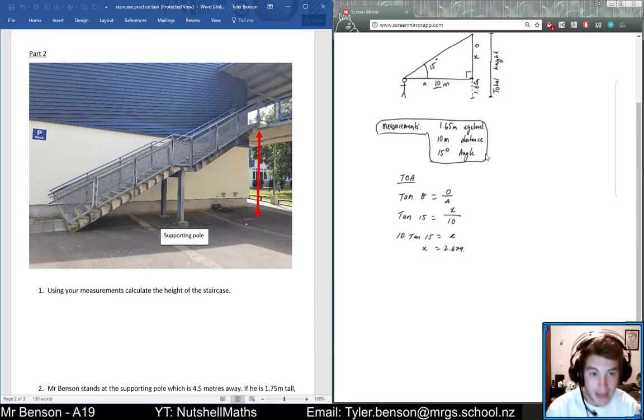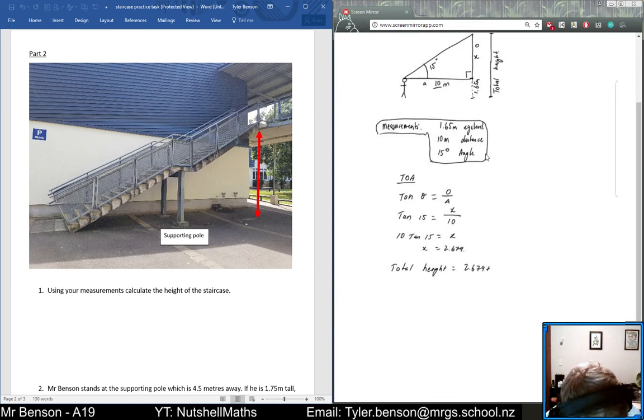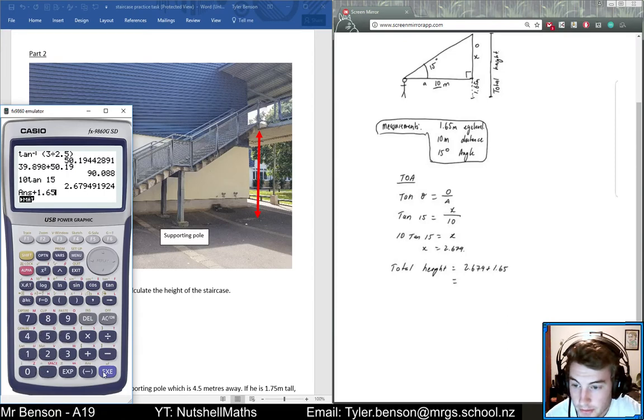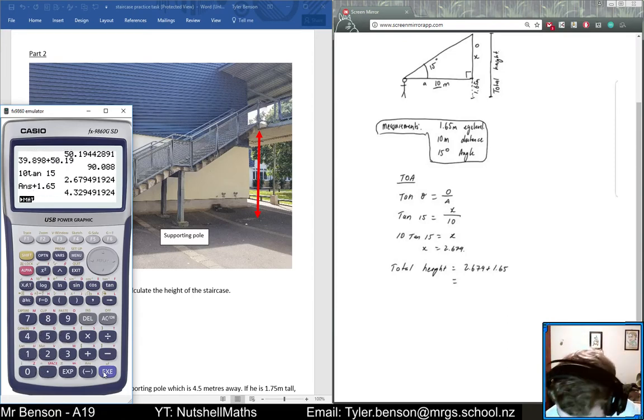So I'm going to write here, total height is going to be 2.679 plus 1.65, which by my calculations is 4.329. Let's put the unit on. So we've just found the total height is 4.329 meters.